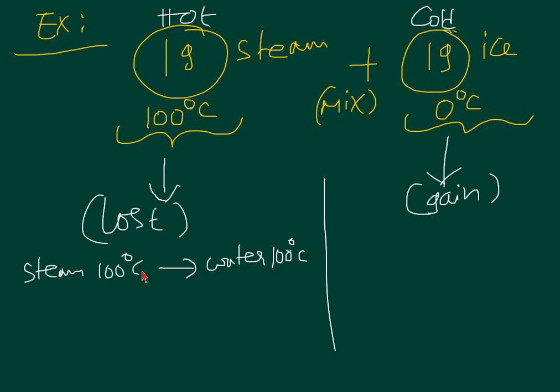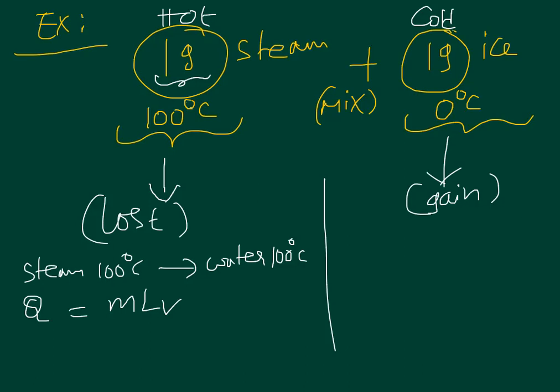Fine. So now I want to convert steam at 100 degrees centigrade to water at 100 degrees centigrade. How many grams? M1 gram, that is known. Here they have given it is 1 gram. So what is the heat energy formula? Yes, the heat energy formula is Q = mLv. When should we use this formula?